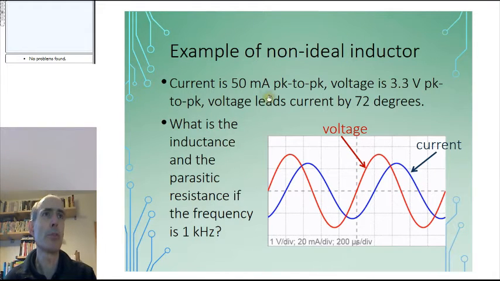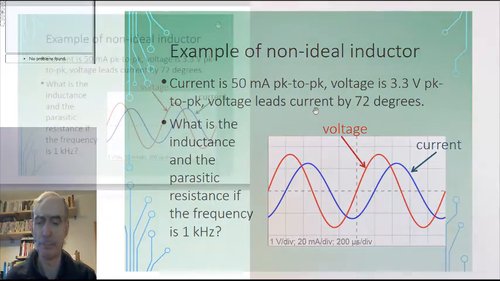For example, supposing we determined that the voltage across an inductor was 3.3 volts peak to peak, and the current was 50 milliamps peak to peak, and the voltage leads the current by 72 degrees. Then we could represent both the voltage and the current in terms of their phasor representations.